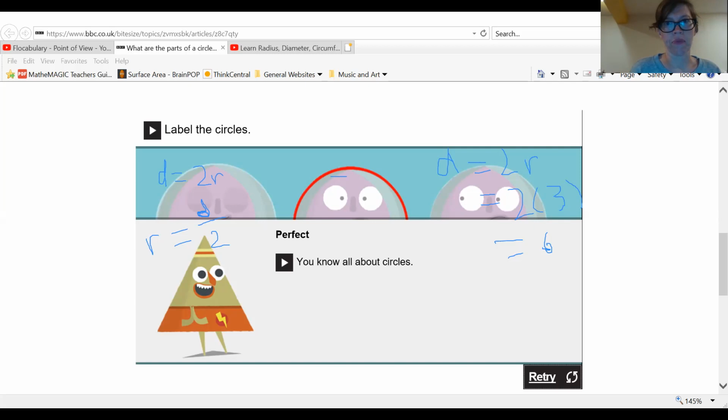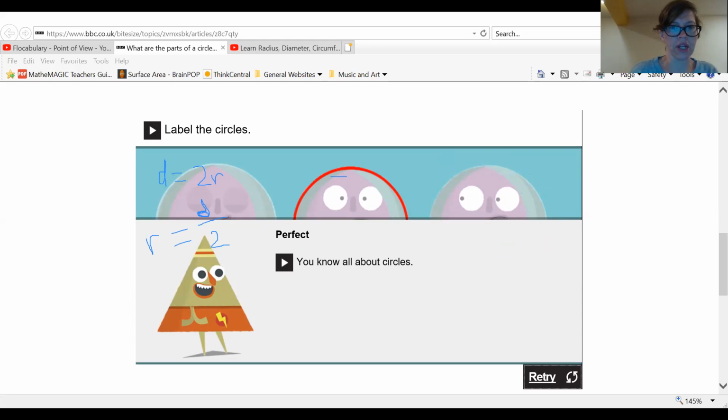All right, so on this question, let me erase all this first. So in this question it's asking what is the radius and the diameter of the following circle, right? Okay, so here's our circle.